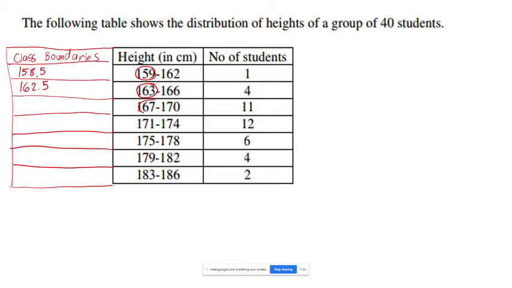Next, subtract 0.5. Next, over here, subtract 0.5. Next. Okay, next. Next. Okay, that's how you get your lower boundaries.